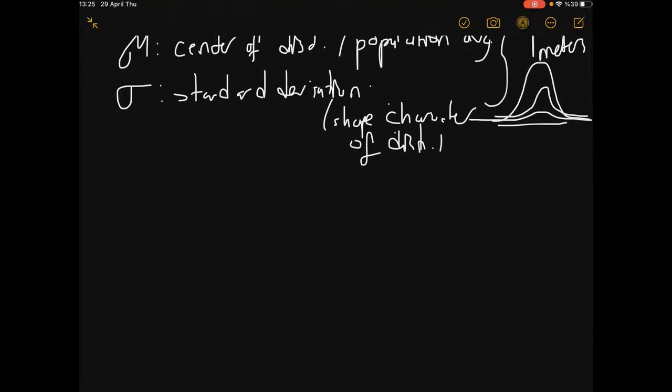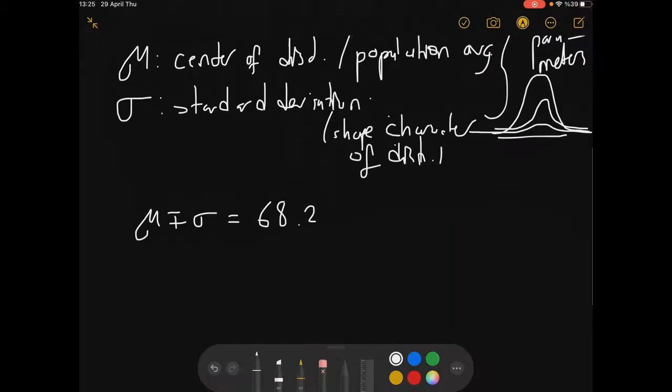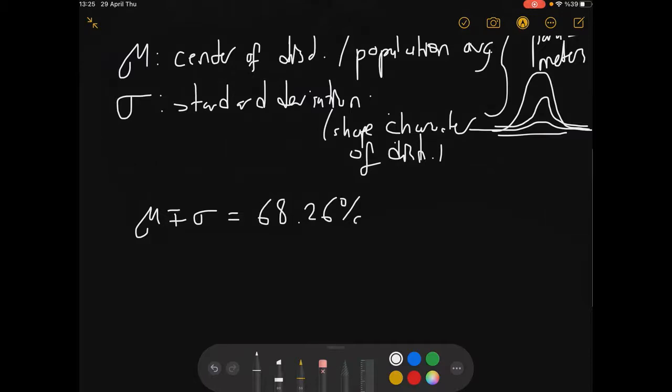And if you want to see how much of your population is represented here, mu plus minus sigma covers approximately 68% of the population here.